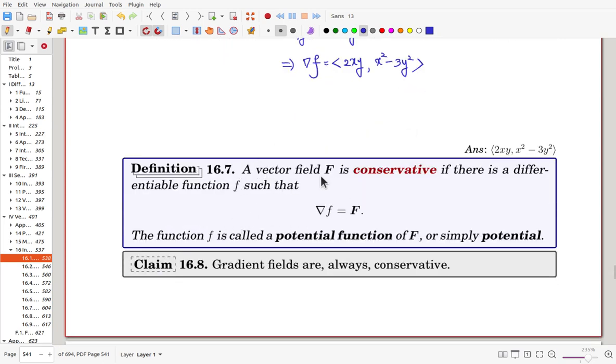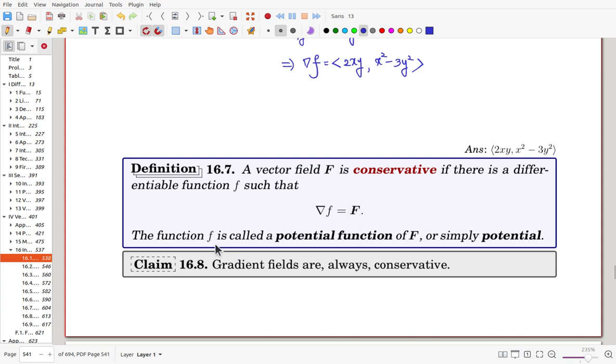A vector field F is conservative if there is a differentiable function f, little f, such that the vector field is the gradient of function f. So once there is a function such that its gradient is the same as the vector field, then we say the vector field is conservative.